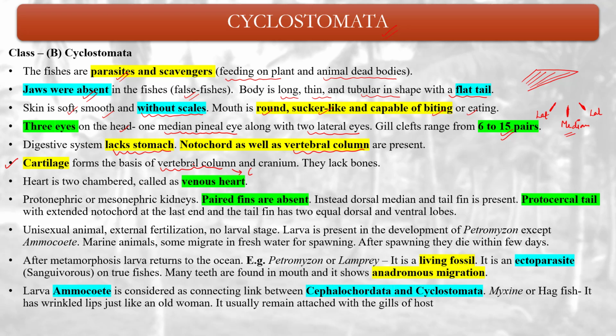So they have a cartilage-based vertebral column, and the cranium is also a chondrocranium, made up of cartilage. They lack bones. The bones are lacking.